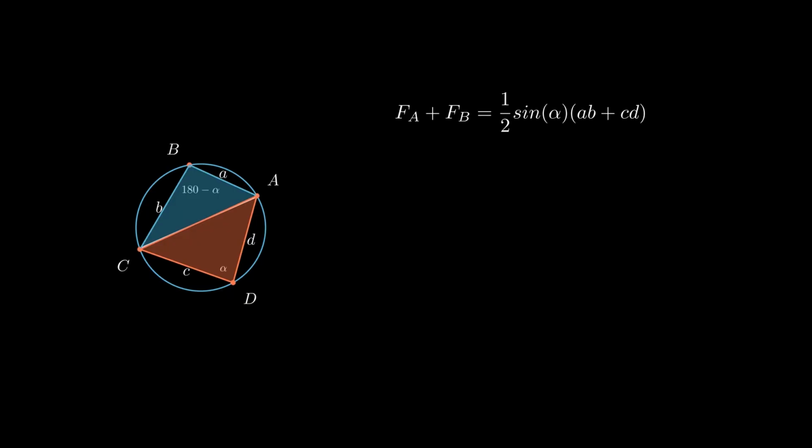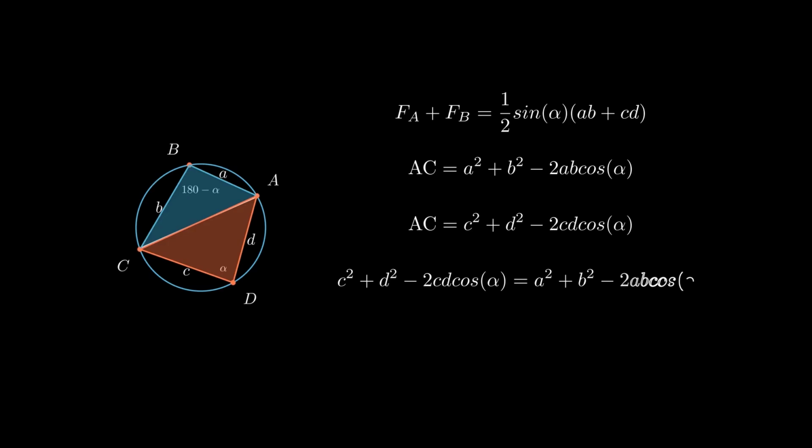Now let's take a closer look at the length of the side AC. We can use the cosine rule to get these two equations from both the triangles. They're both equal to each other, and through them we get the value of cosine alpha. The big idea here is to use the Pythagorean trigonometric identity, which is just cosine alpha squared plus sine alpha squared is equal to 1, and get the value of sine alpha, which we'll then put into our area.